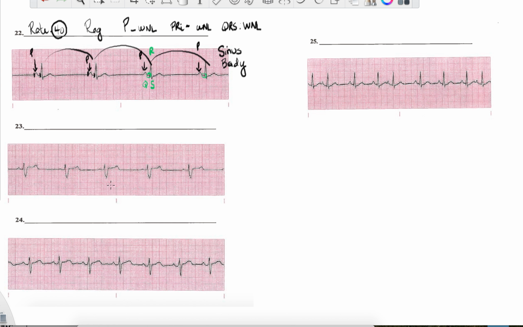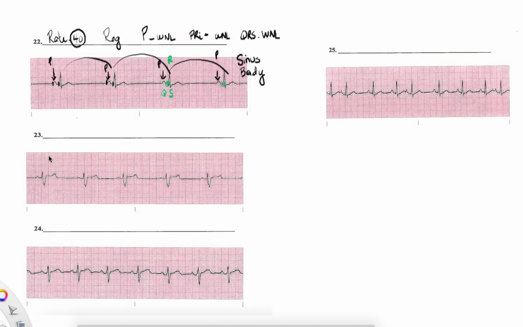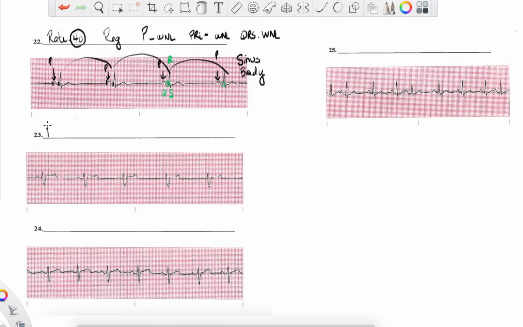All right, so let's move down to 23. All right, so with 23, we have a rate of 50. It appears to be regular. And we do have P waves.